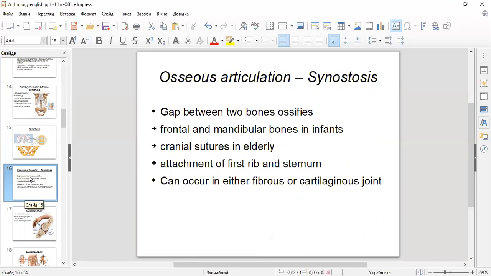Frontal and mandibular bones in infants. Cranial suture in elderly. Attachment of first rib and sternum. Can occur as a fibrous or cartilaginous joint.